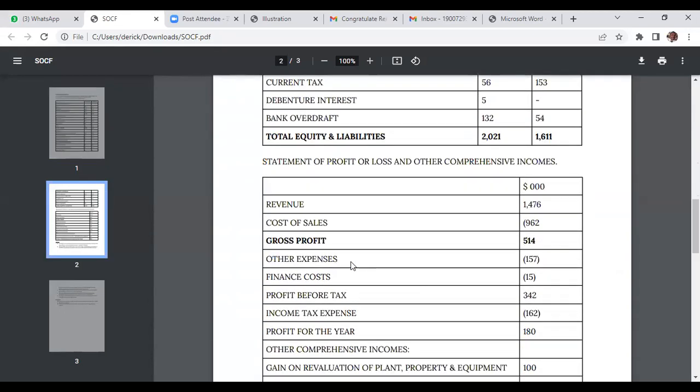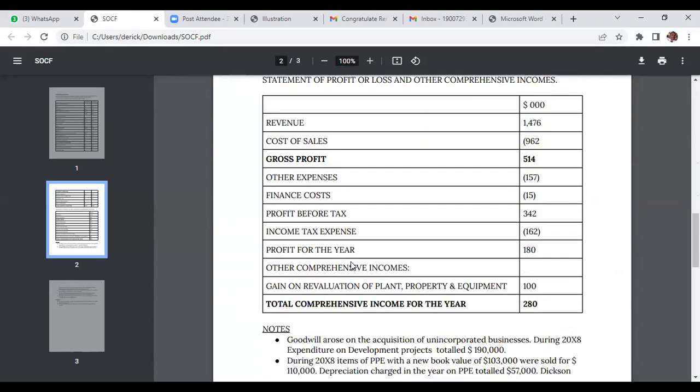Did we dispose of anything? So when you come to the P and L and look out, you find that we had a gain on revaluation of PPE of 100. So you know from our accounting that for this to occur, they must have debited PPE and then credited the income statement, or the revaluation gain. So you come here and you say gain on revaluation. It increases our assets by 100.